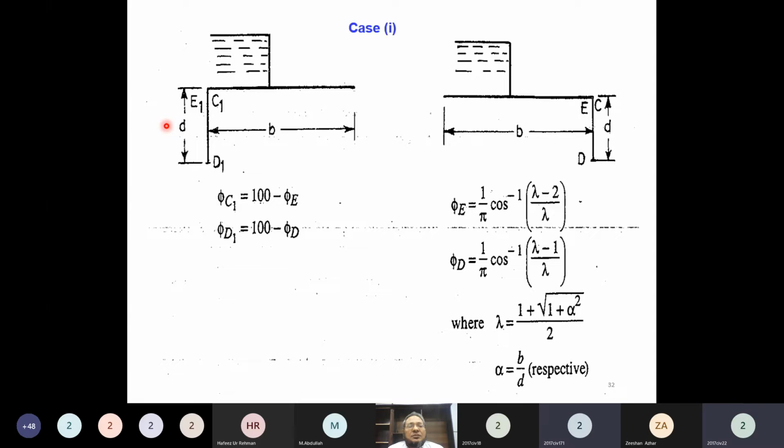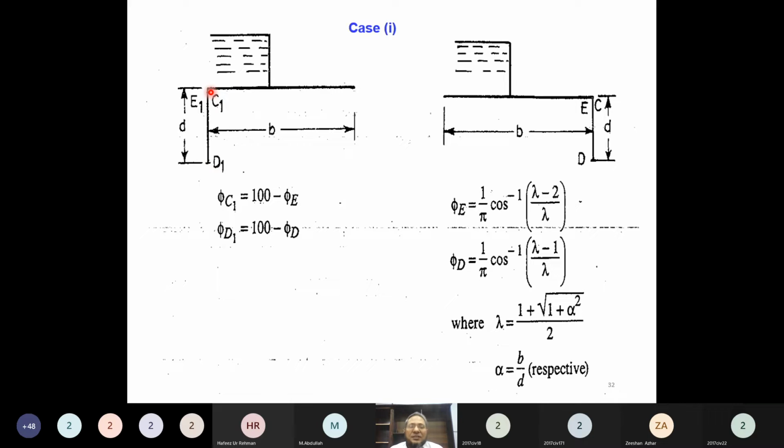Small d. And how much is the length of the concrete floor? Small b. Now we are interested to know the uplift pressure at point E1, at point D1, at point C1.